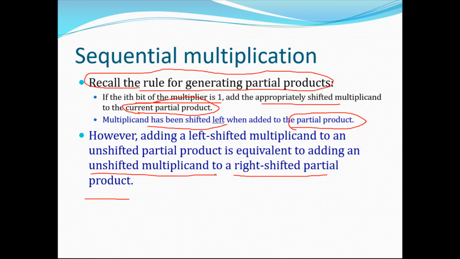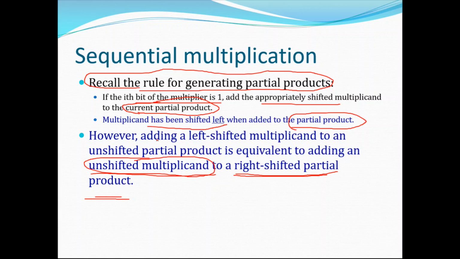In combinatorial circuit, what we did was shift the multiplicand to the left by i times and add with the partial product. In sequential circuit, we right shift the partial product by i times and add it with the unshifted multiplicand. This is the rule, we are just going to reverse the rule.